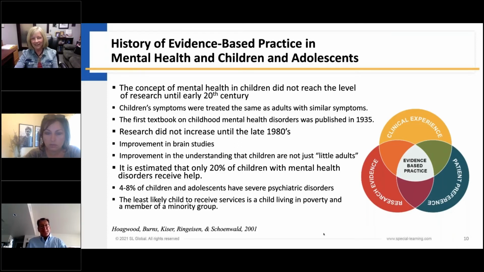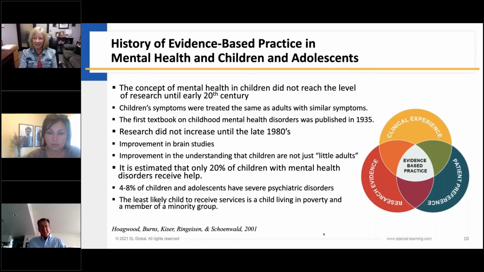So this is just a slide to go into a little bit more of the history of evidence-based practice. So really, mental health in children didn't reach a level that was even researched at all until the early 20th century. So mental health in children has been way behind some other physical conditions or even mental health in adults.